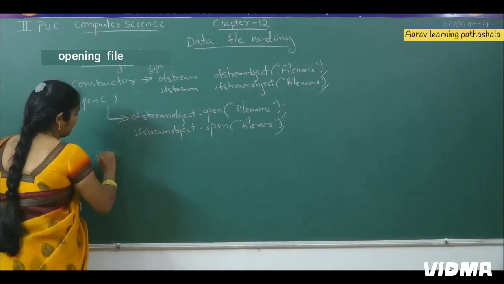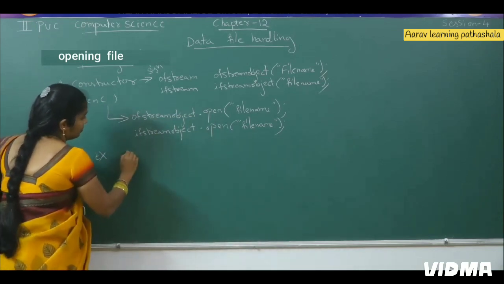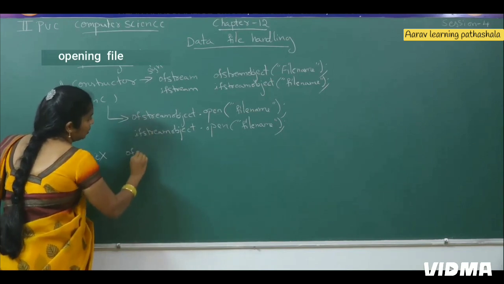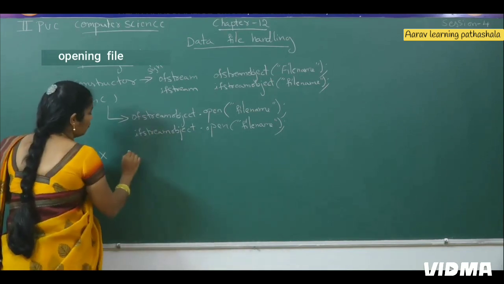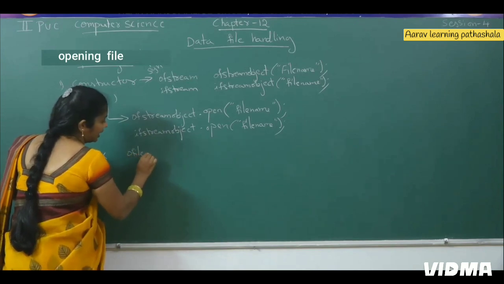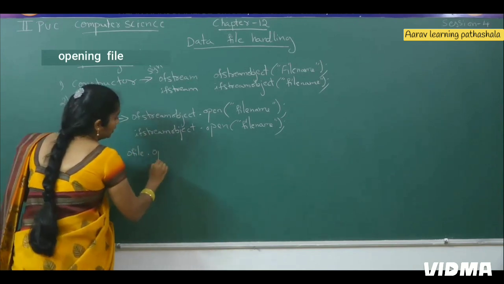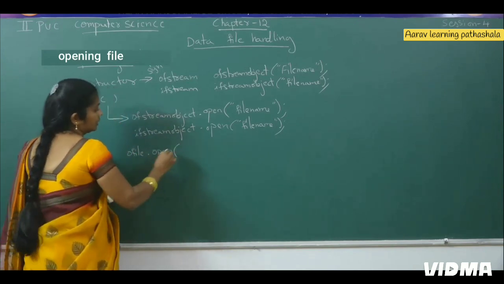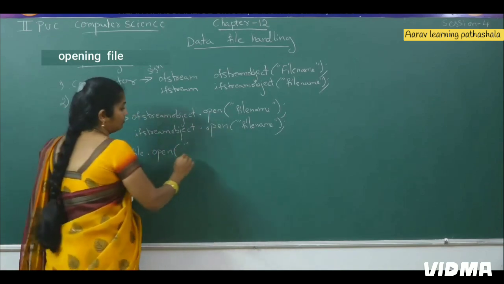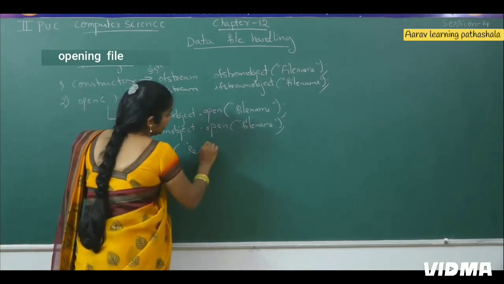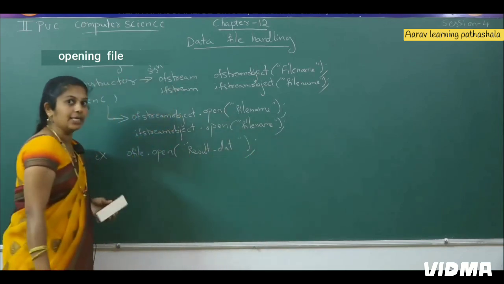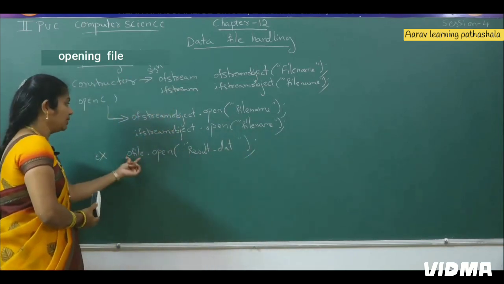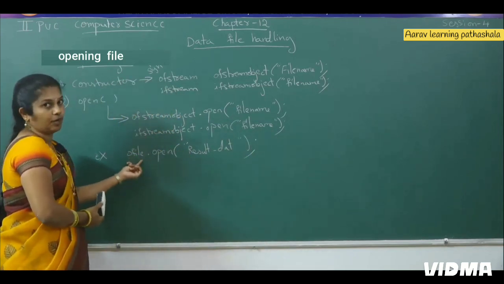For example, for ofstream, if I want to write the object, say ofile is the object name, I write dot open, and inside the double quotes you have to write the file name, for example result dot dat. Like this we can mention it. Here we are opening the file for output purpose.